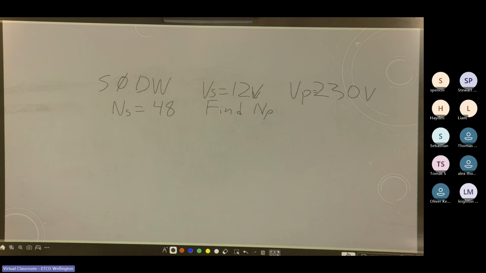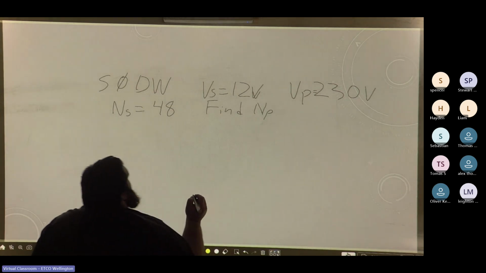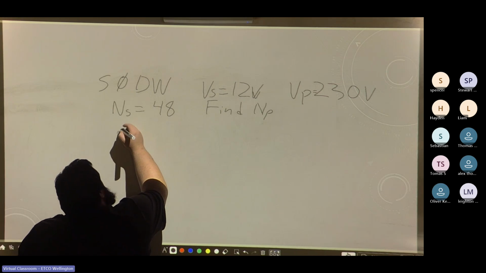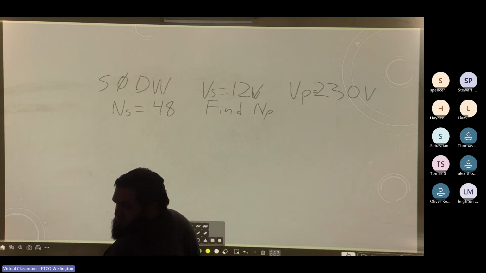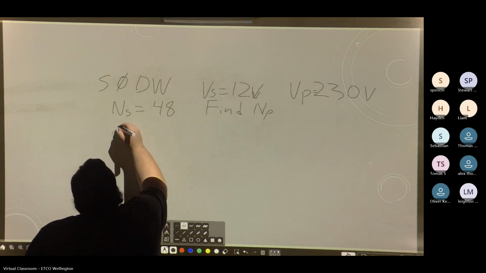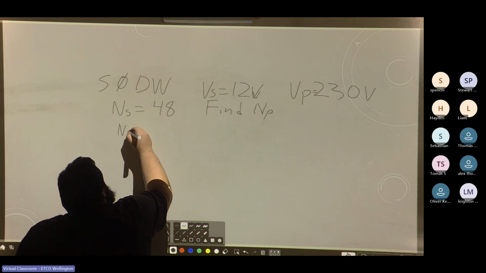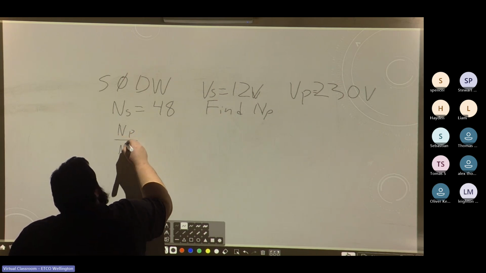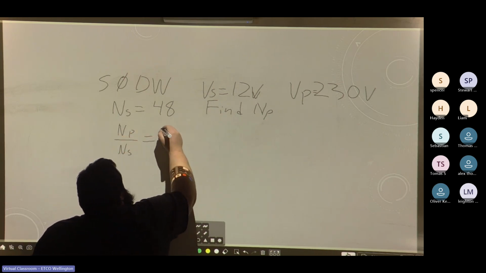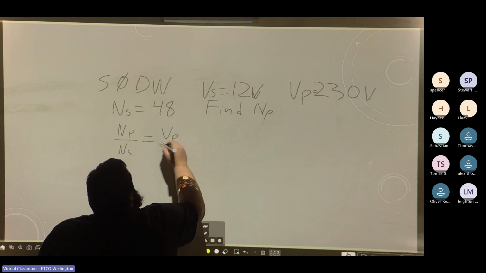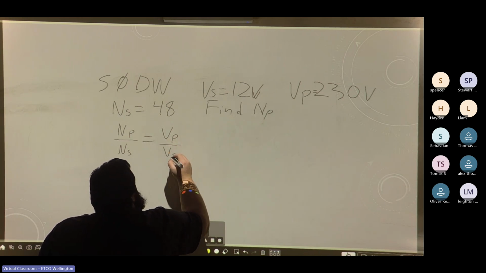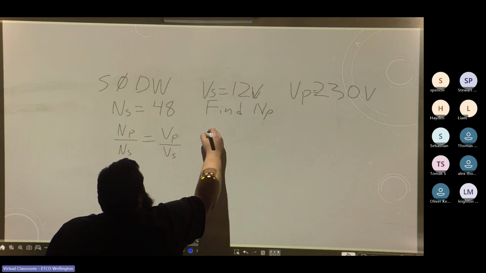Cool. So first we figure out our formula. So the one we need to know. So we're looking for NP over NS equals VP over VS. Cool.